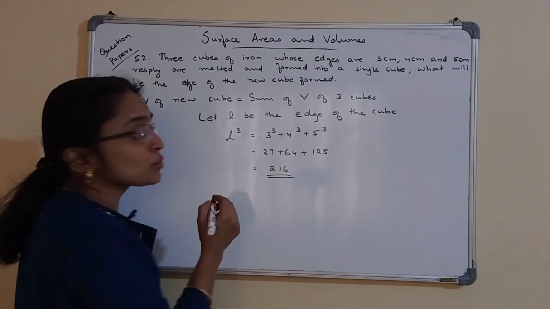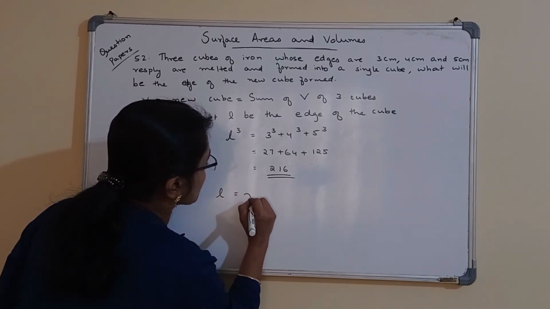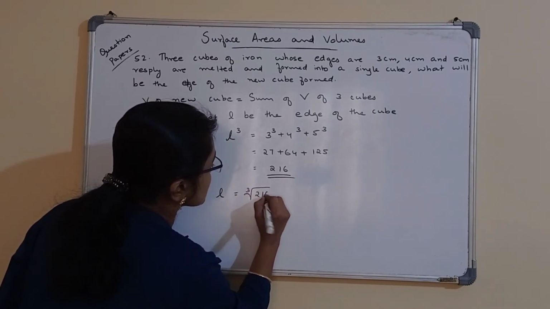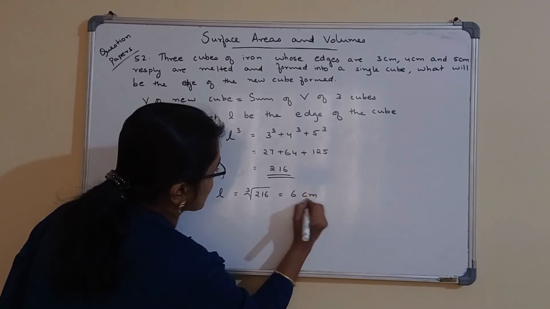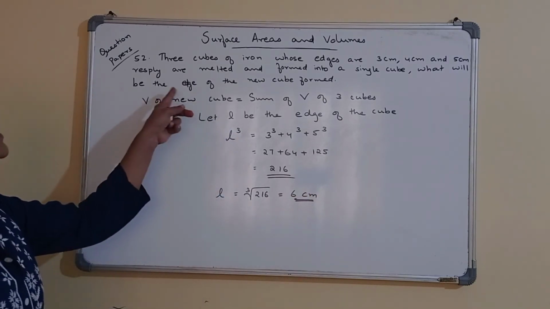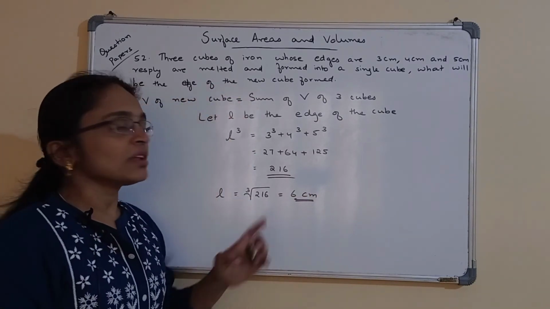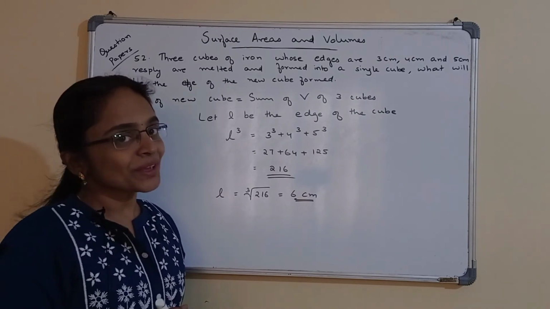L cube equal to 216 means L equal to cube root of 216, which is equal to 6 centimeter. So, the edge of the new cube formed will be 6 centimeter. Okay.